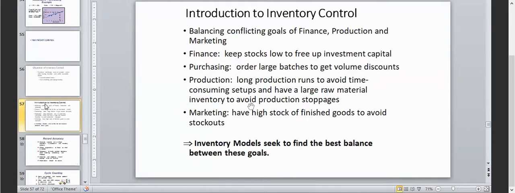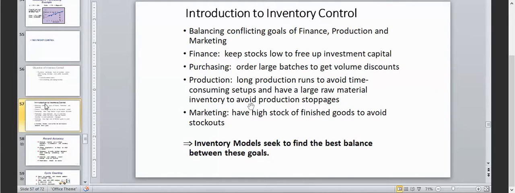For example, here the finance views inventory control as keeping stock low to free up investment capital. So kalau kita tengok di sini, apabila kita membuat kawalan inventory, ianya adalah sukar walaupun kita nampak macam simple je, kita nak balancekan antara service level dan kos-kos yang berkaitan dengan pengurusan inventory kan.